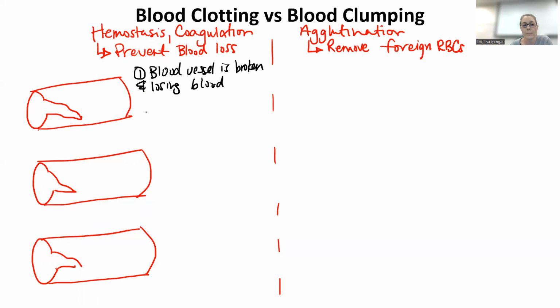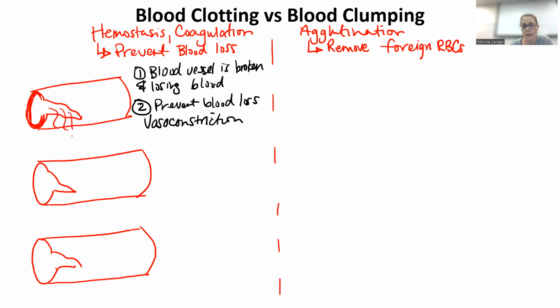That's what's happening, okay? So the second step here is you have to prevent blood loss. And to do that, the first thing you're going to do is vasoconstriction. What vasoconstriction does is you're going to have a layer of smooth muscle right around the opening of the blood vessel, and that's called the lumen.